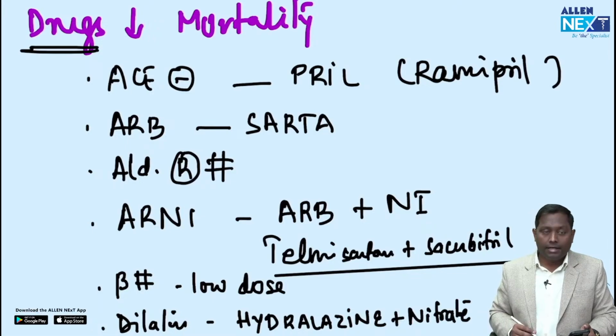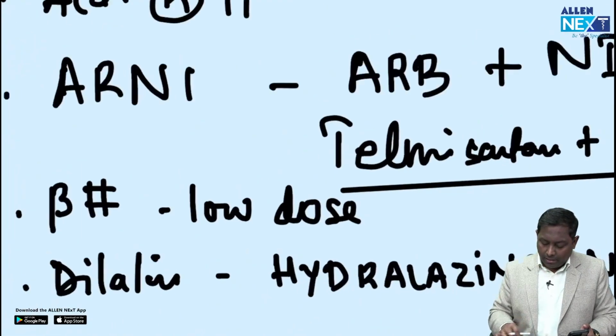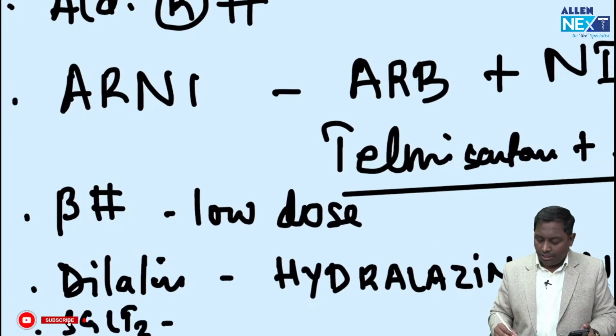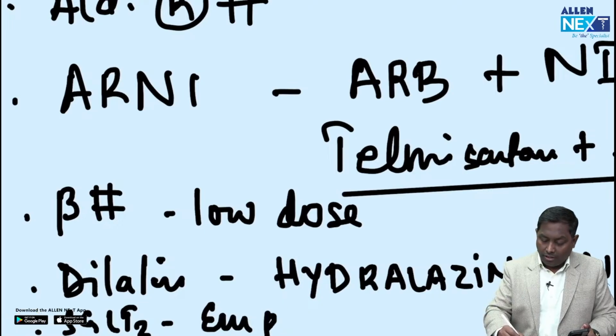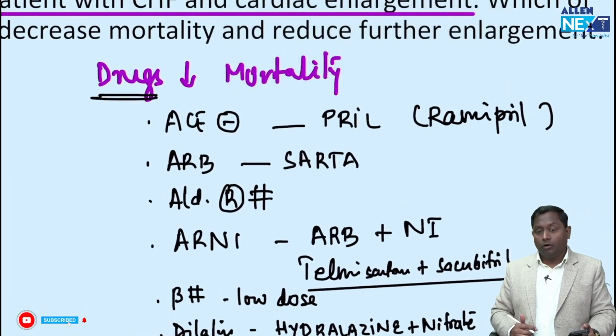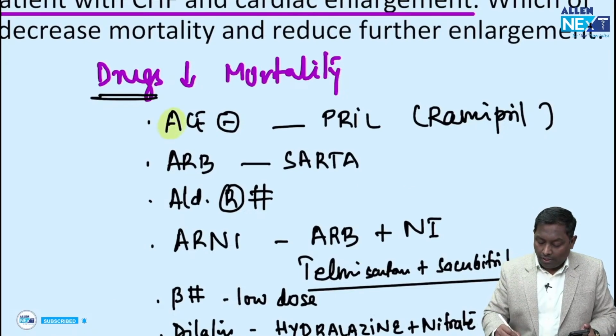They are the dilators, and currently they are saying that drugs like SGLT2 inhibitors such as empagliflozin can also have this mortality-reducing property. Now in this scenario, if you look at this one, I am telling you that a lot of A are there, no?